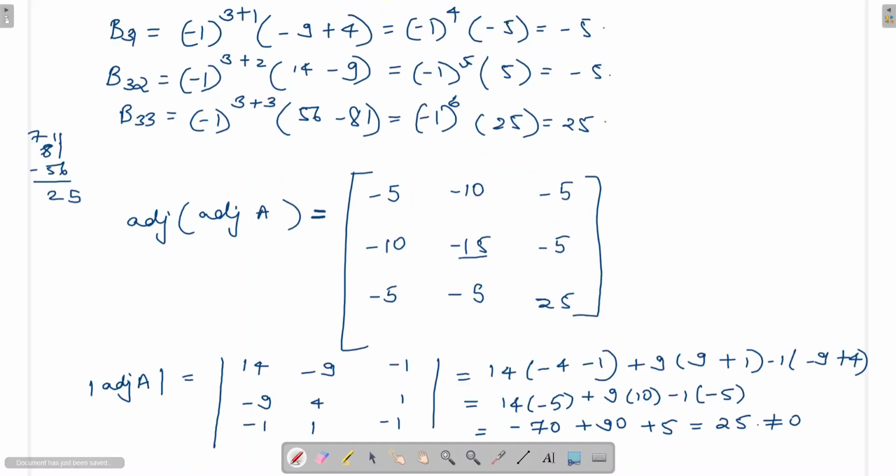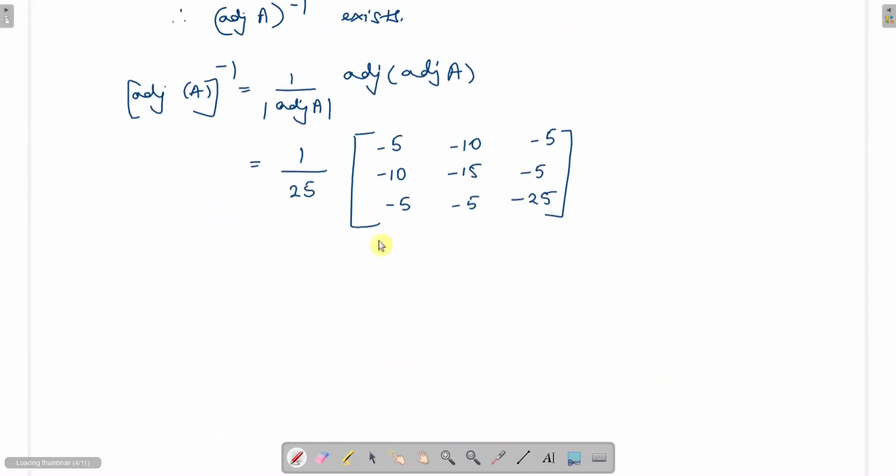Okay, here there is a mistake, right? This is minus 25, so this is minus 25 here. Now we can take this inside this matrix. What we will get is minus 1 by 5, right? Minus 5 divided by 25, minus 1 by 5.